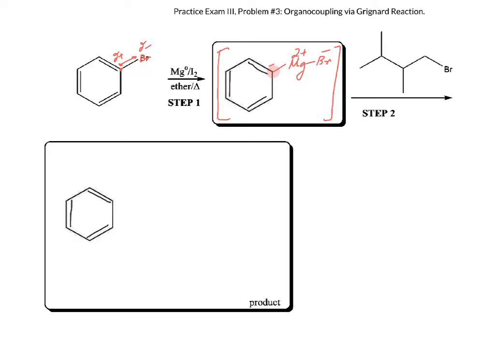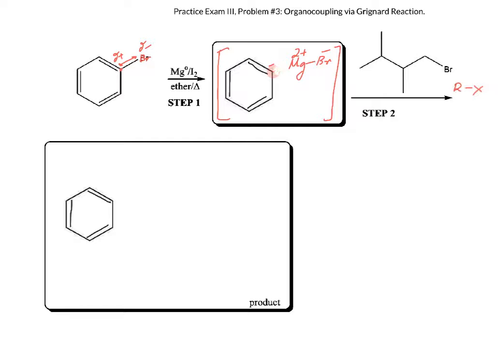This is reminiscent of the acetylide reaction, where the acetylide ion intermediate formed in situ acted as a nucleophile and it would react with an alkyl halide, R-X, displace the leaving group and form a carbon-carbon bond. So this organometallic coupling, metallic because metal is involved, is another example of a carbon-carbon chain extension reaction.